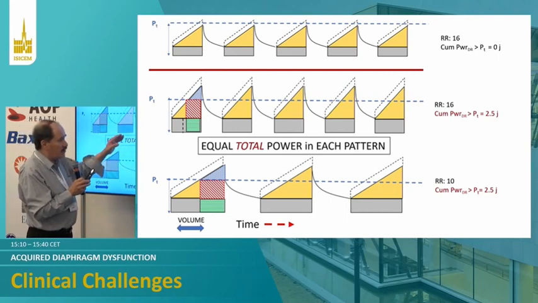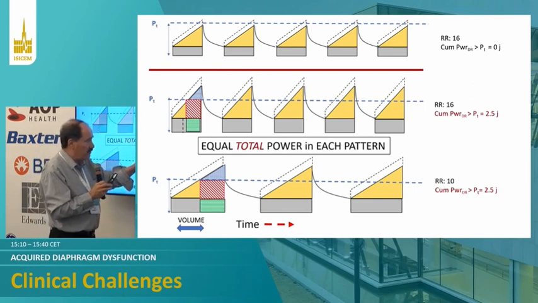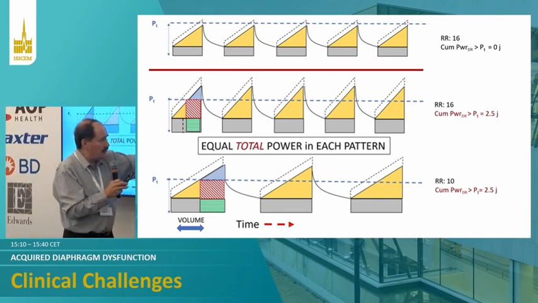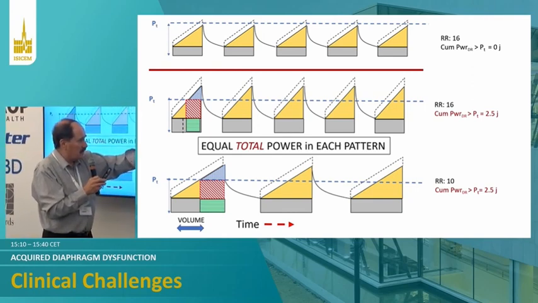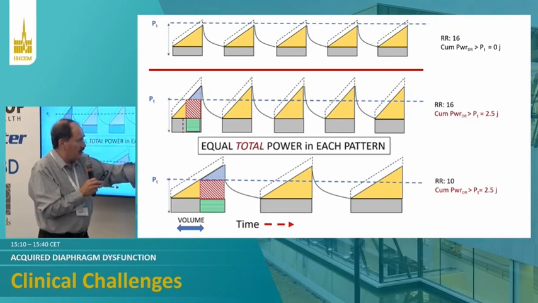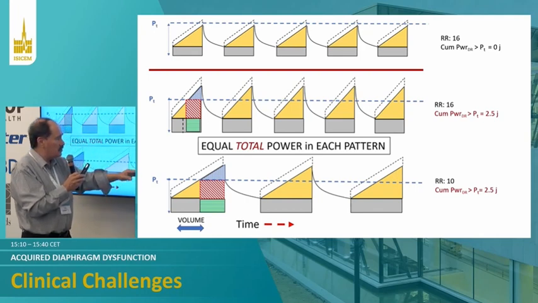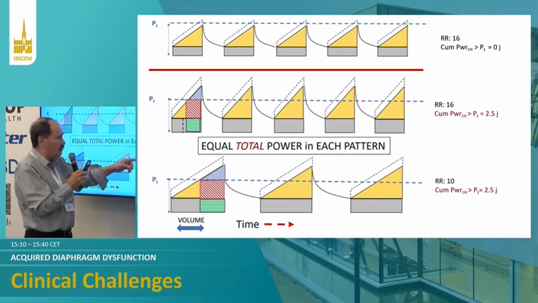Okay, so here we've got a cumulative driving power that's greater than 2.5 joules. And here we have a respiratory rate of 10. So I've dropped the respiratory rate. I've increased the amount of intracycle power per cycle. And the cumulative driving power above 2.5 joules is also just as great as it was here, even though we dropped the respiratory rate.